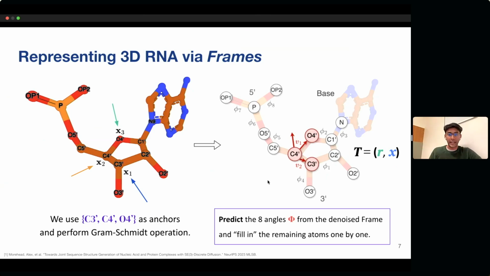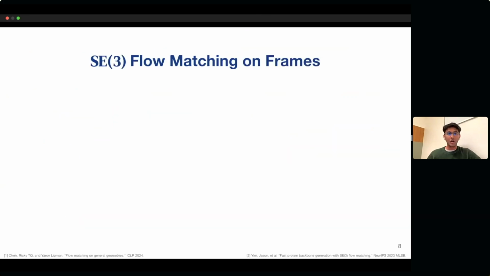We're able to get back all these atoms by modeling it as these bond angles that you can easily predict using some sort of MLP or auxiliary network and just place them for each nucleotide in the backbone. So the main workhorse, the engine of our generative model, relies on this relatively recent paradigm called flow matching, and this specific variant called SE3 flow matching.